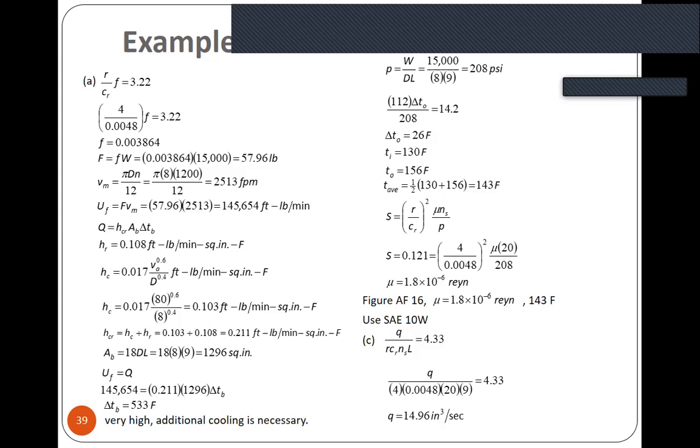And A sub B is equal to 180 L, 180 times 8 times 9, is 1296 square inches. And then equate Q sub F as Q. So 14,145,654 is equal to 0.211 times 1296 times delta T. So delta T sub B is equal to 550 Fahrenheit. It is very high, so additional cooling is necessary.